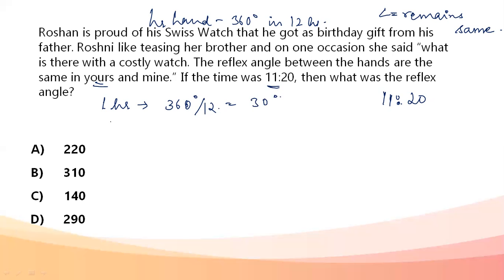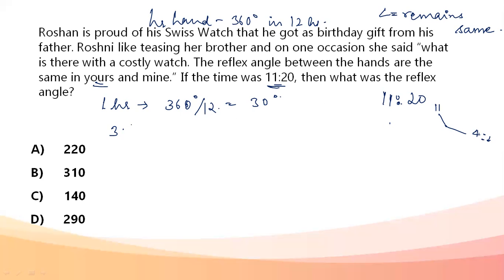Now the gap between the two hands, because it is 11:20. The minute hand at 20 minutes would be at 4, and the hour hand would be a little further from 11. So there is a difference of 5 divisions.